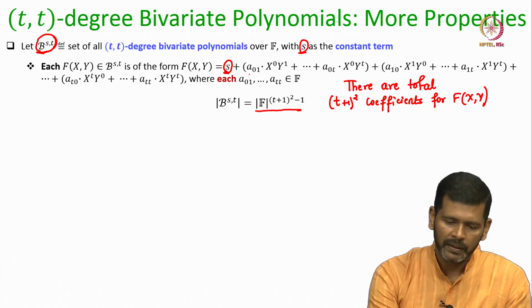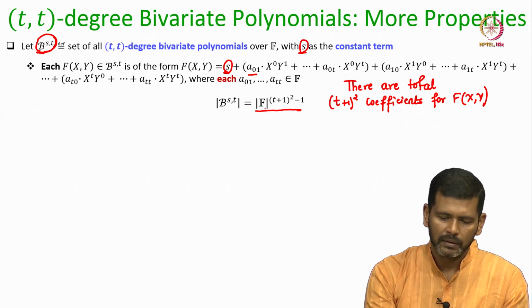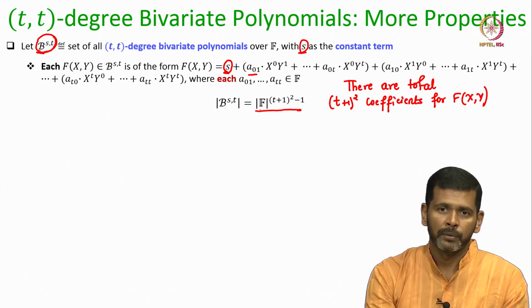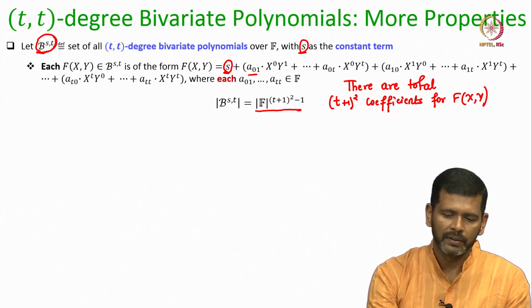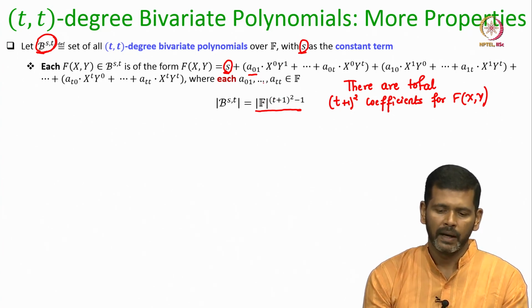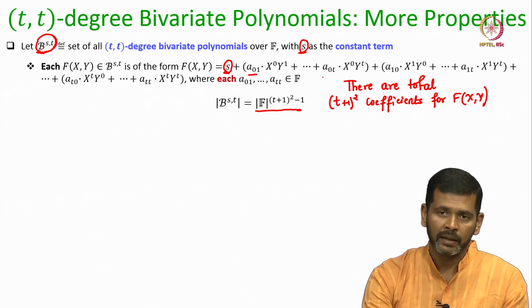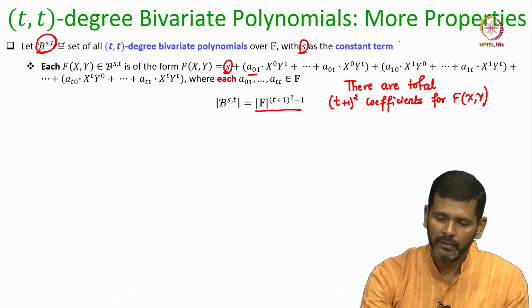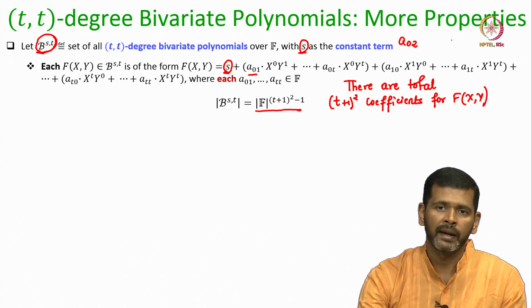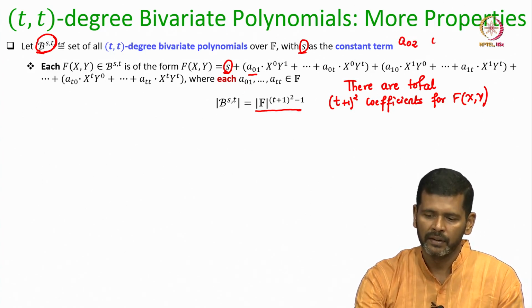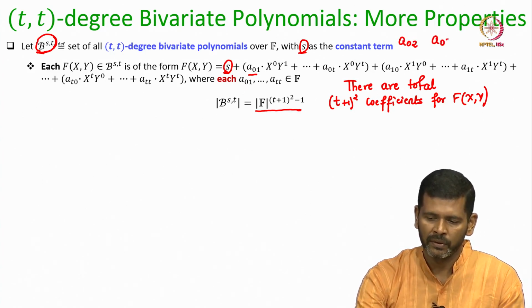Apart from that, for each of the coefficients here I have field size number of options. I can take any element from the field to be the coefficient a sub 0 1, and independent of that I can take any element from the field as the coefficient a sub 0 2, and independent of that any element as the coefficient a sub 0 3.